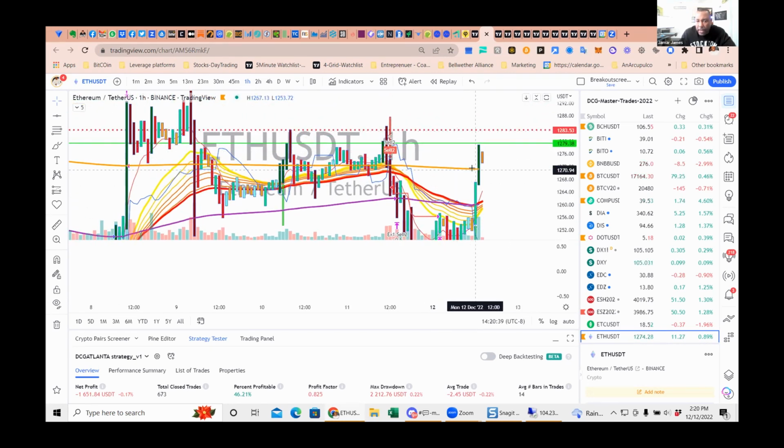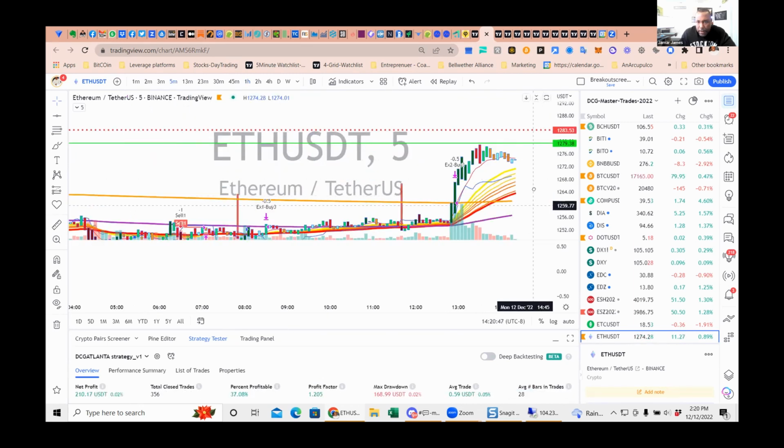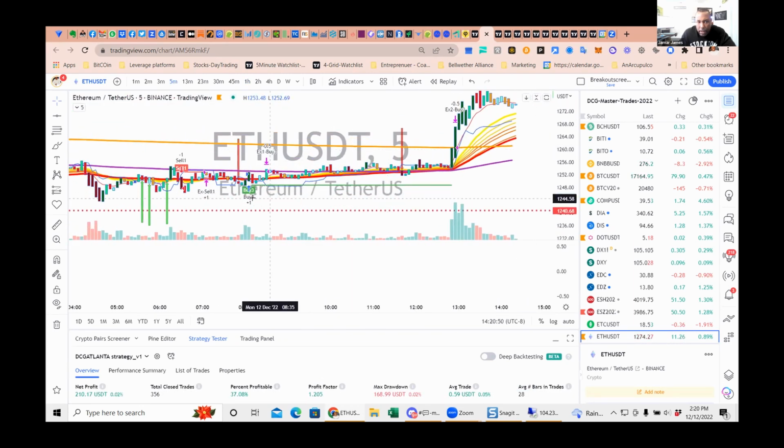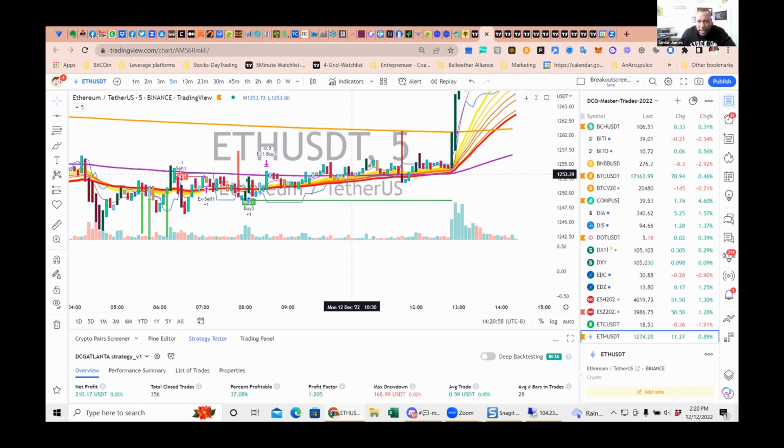So even having this, and then this 200 and this 800, that's normally the area on the day trade that you'll see here early in the morning. It was down here and it started rising. This line right here, this 200, was the area that, plus or minus, gives you the safest area to get in, especially on the 5-minute.